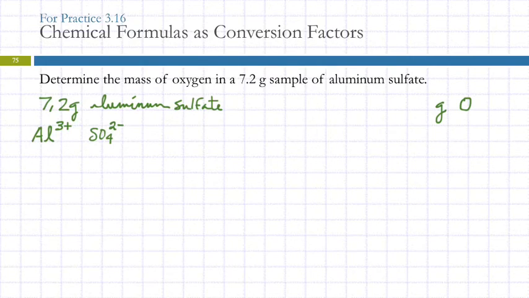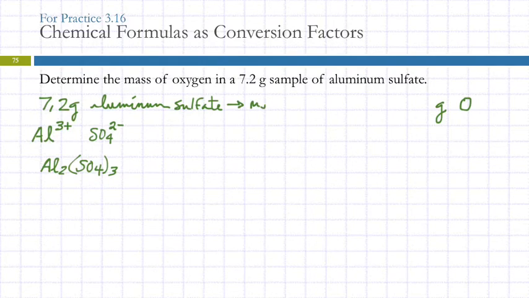So how do we put these together? Al2 and SO4 is going to have a 3 on the outside. So that's the formula. So from this, we can get the moles of oxygen to moles of the compound. So that's in the middle here somewhere. Could we go from grams of aluminum sulfate to moles of aluminum sulfate?